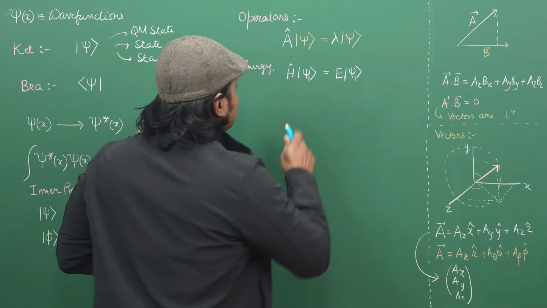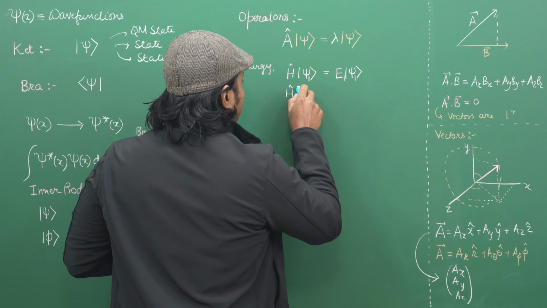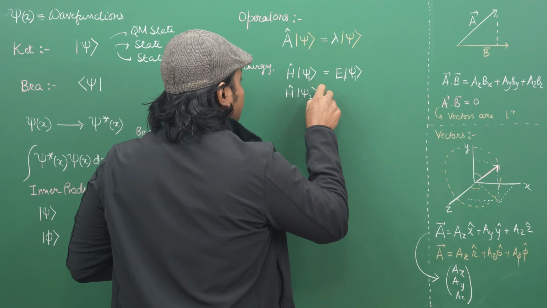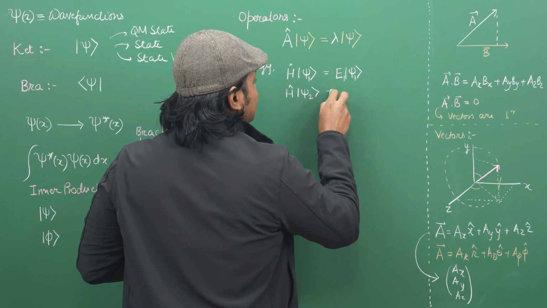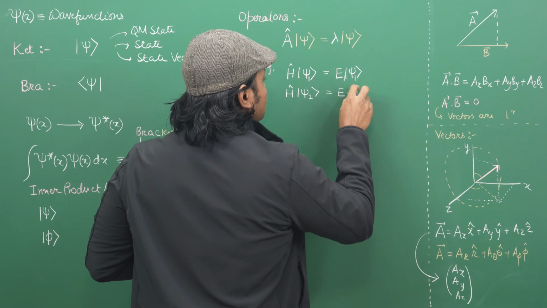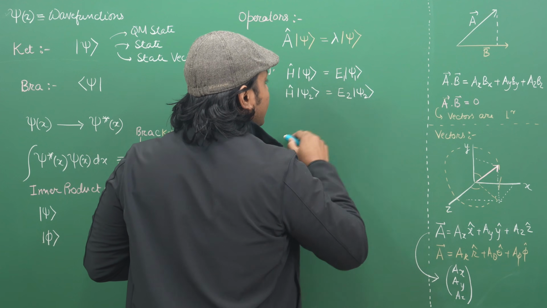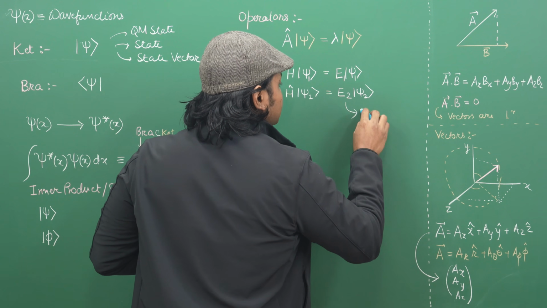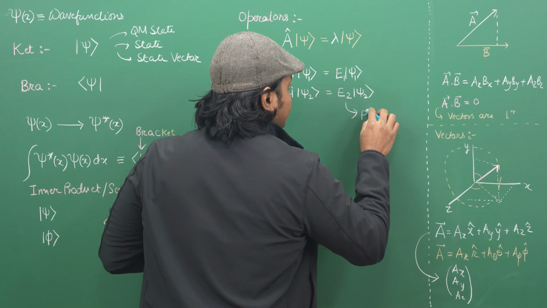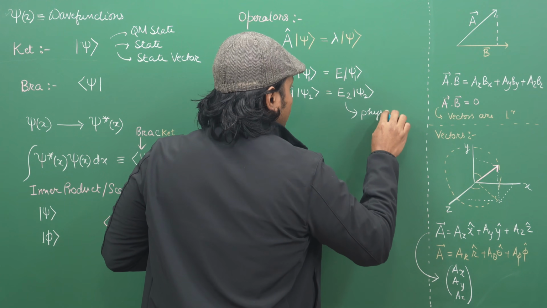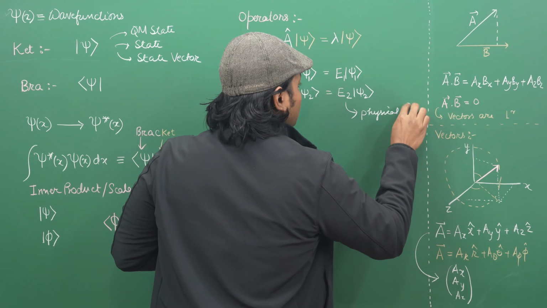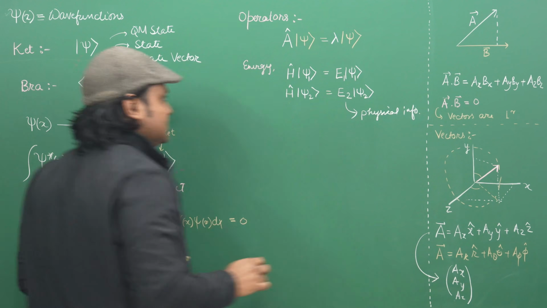So if I operate the same operator but on a different Ket which corresponds to the first excited state, then we end up getting E2 psi 2. Now this E1 and E2, we can compare with actual physical information about the energy of that particular system.